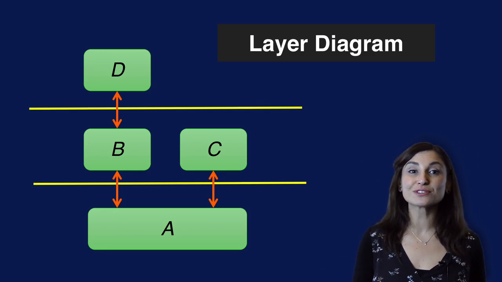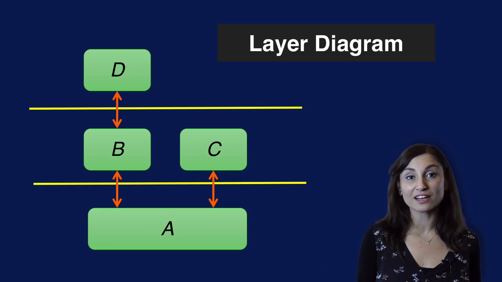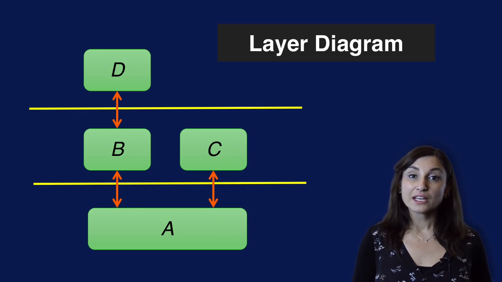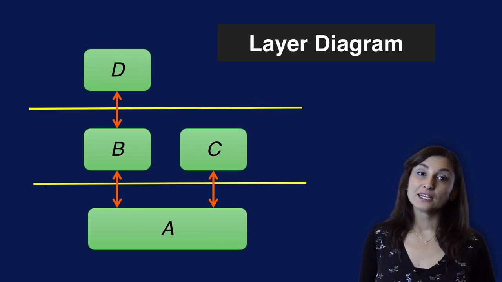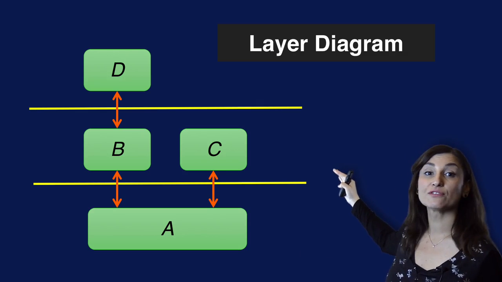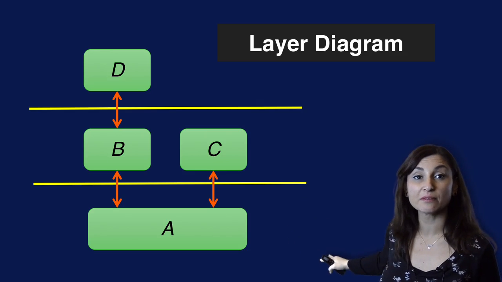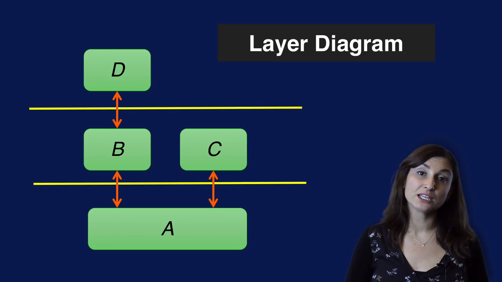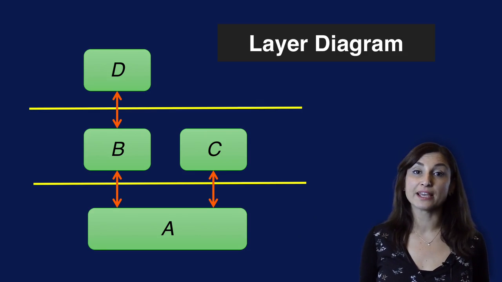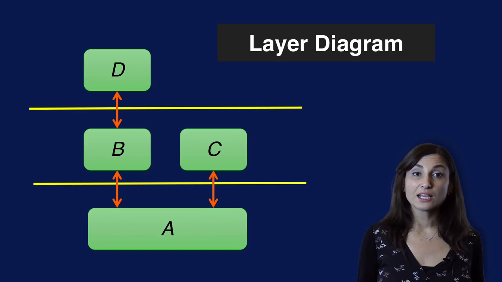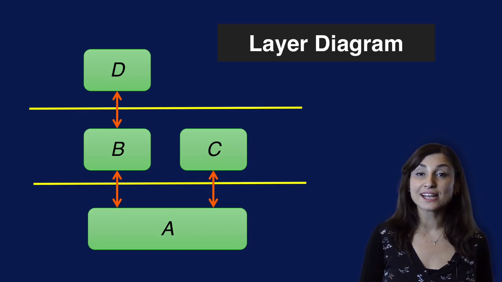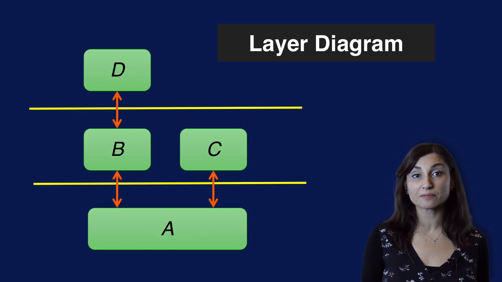Sometimes we also use the term stack instead of a layer diagram. In a layer diagram, a component uses the functionality or capabilities of the component in the layer below it. Usually, components at the same layer do not communicate, and a component never assumes a specific tool or component is above it.